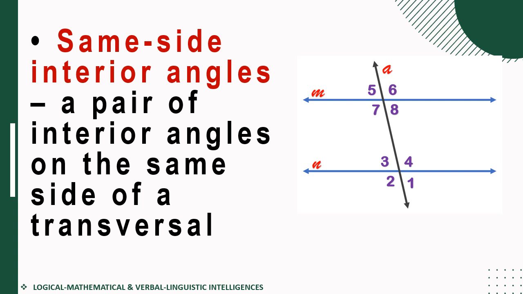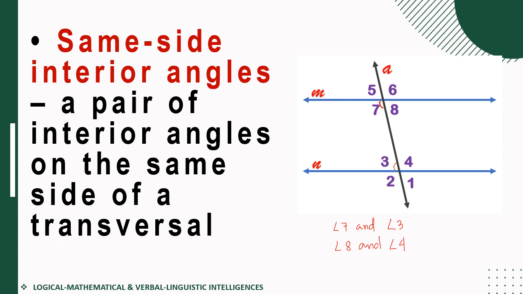Next, for same side interior angles, that means that we are going to look into the interior angles on the same side of a transversal. Here, angle 7 is paired with angle 3. Another pair of same side interior angles would be angle 8 and angle 4.